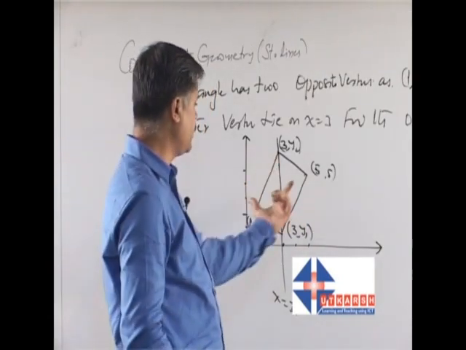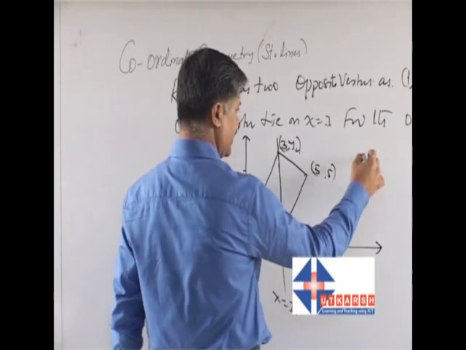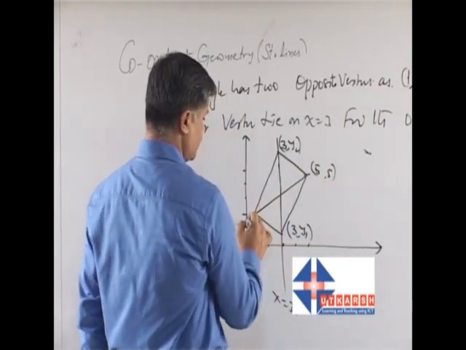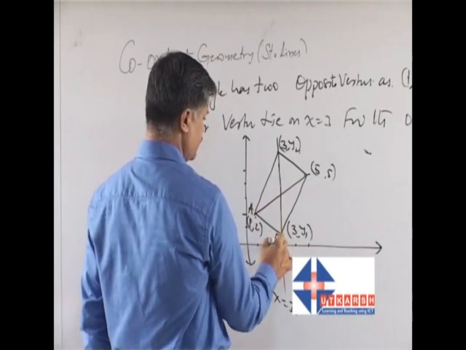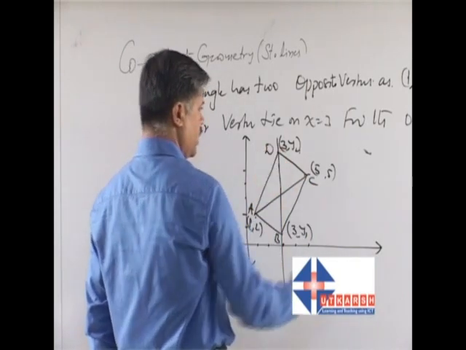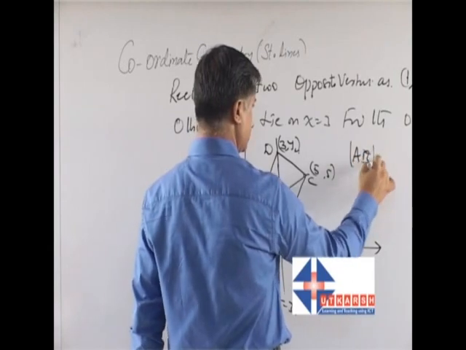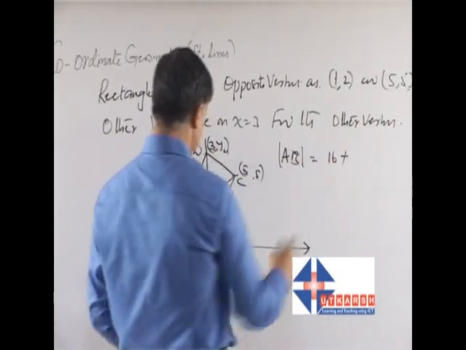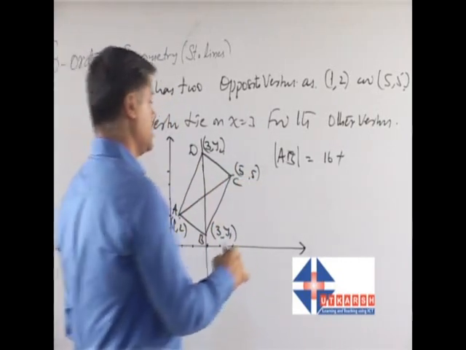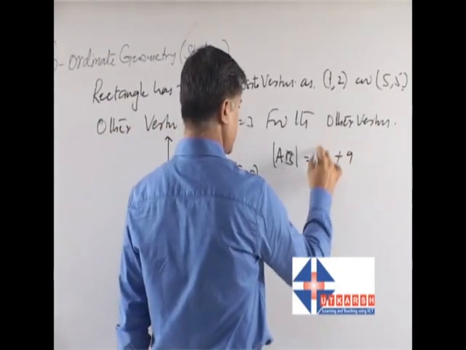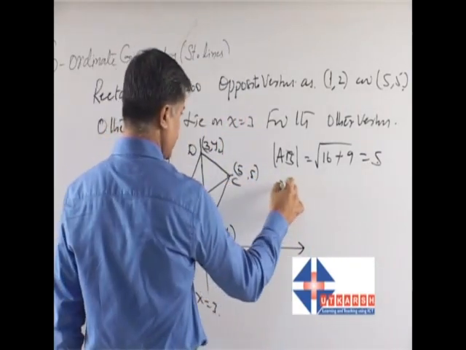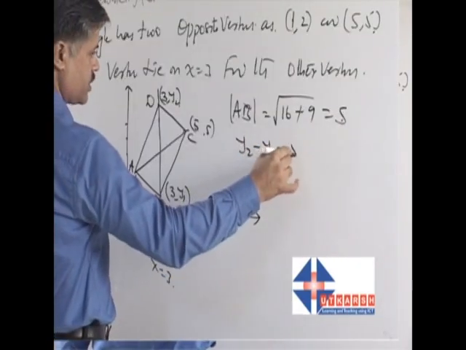So y2 minus y1, first of all find out the distance AB. AB निकाल लो पहले, क्या आ रहा है? AB comes out to be 5 minus 1 is 4, 16, plus 5 minus 2 is 3, square 9. So ultimately it is 5. So you can say that y2 minus y1 is equal to 5.